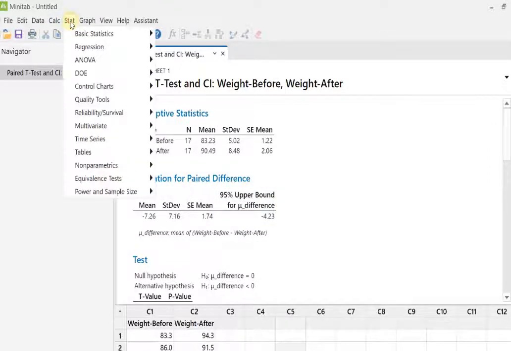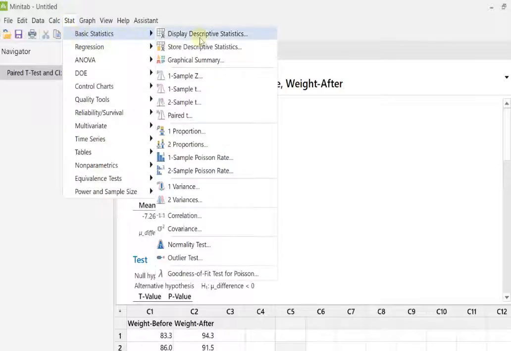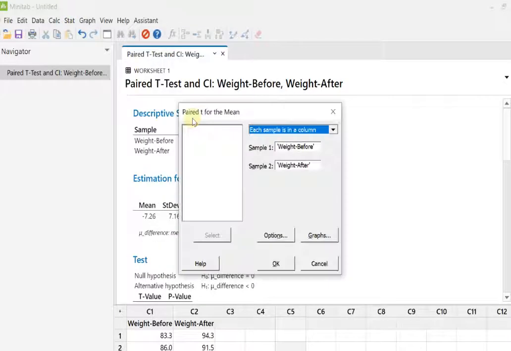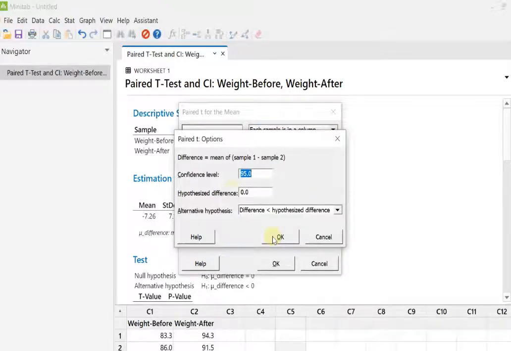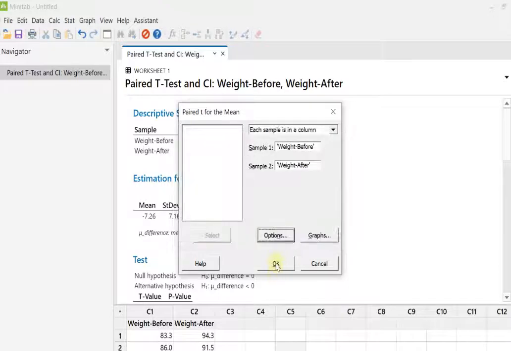So I'm going to go to Stat, Basic Stats. Let's go back to Paired t. And we have all of this data in here already. And now my focus is on a 95% confidence interval. We're done with the hypothesis test. We want to construct a confidence interval. To get the correct confidence interval with both upper and lower limits, we need to change this alternative to not equal to. So this way, it's going to give us a lower limit and an upper limit. Hit OK.